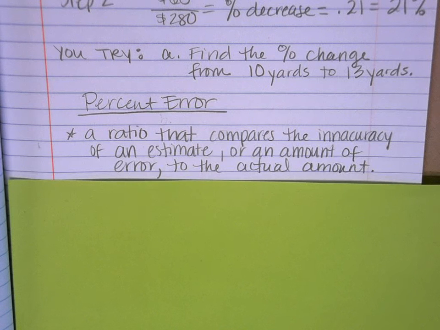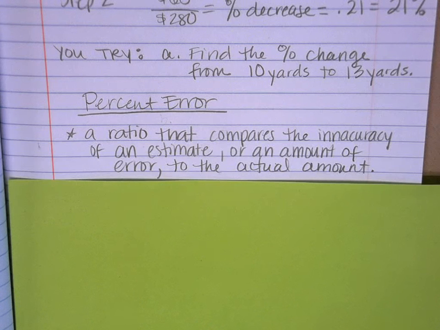Stuff like that. Or do you guys ever estimate, you're like, oh, it's only going to take me 5 minutes to do my homework, and it takes you an hour? Yeah. So that could be an estimation of error. Or you could say, I only spend 3 hours a week on playing video games, and then if we logged you, we'd realize it was 300 hours or something, right? We could figure out a percent error.